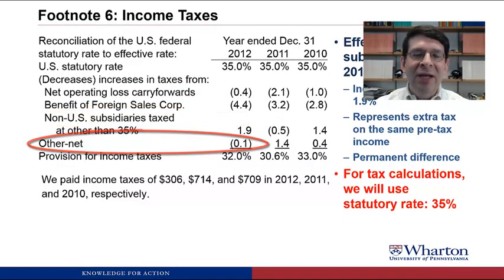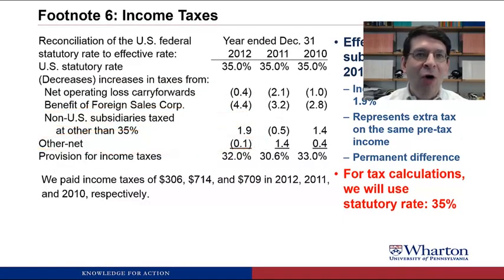So I guess if you were looking at the tax effect of something that had all 4 of those things involved, 32% would be the right number. But if you were looking at the tax effect of interest or depreciation, then the 32% makes no sense at all because none of these permanent differences have anything to do with interest expense or depreciation expense. So use 35%. Thank you very much. Enjoy the rest of the video.